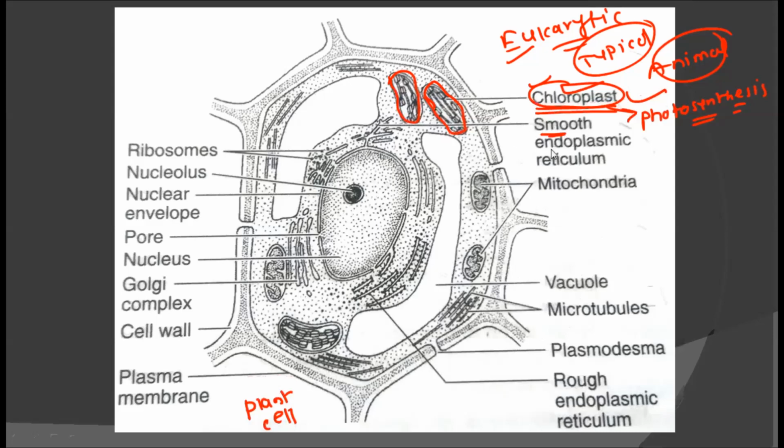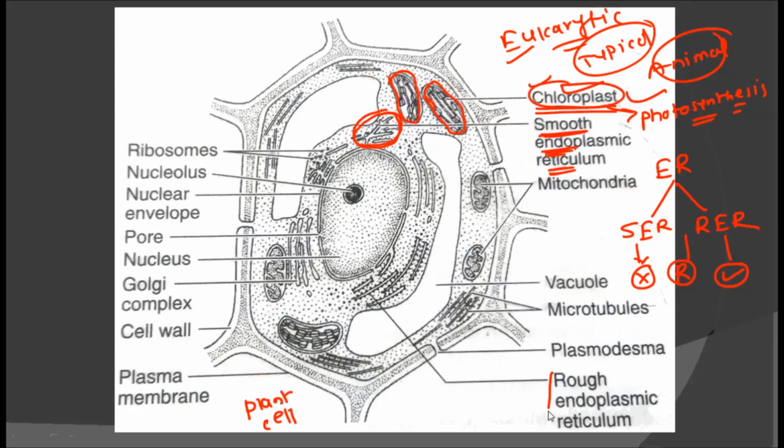Second, we have here the smooth endoplasmic reticulum. Here you can observe these are the smooth endoplasmic reticulum. Actually, the endoplasmic reticulum is of two types. First is the smooth endoplasmic reticulum and second is the rough endoplasmic reticulum. The difference between the two is the presence or absence of ribosomes. In the smooth endoplasmic reticulum, there is an absence of ribosomes, while in the rough endoplasmic reticulum, there is a presence of ribosomes. So the ribosomes are absent in this endoplasmic reticulum, and that is why these are called the smooth endoplasmic reticulum.